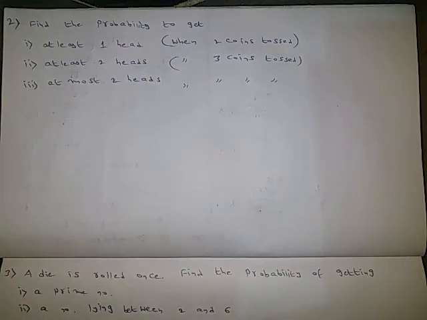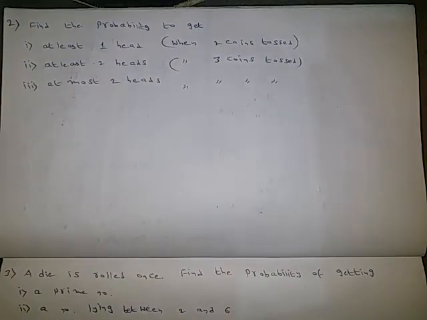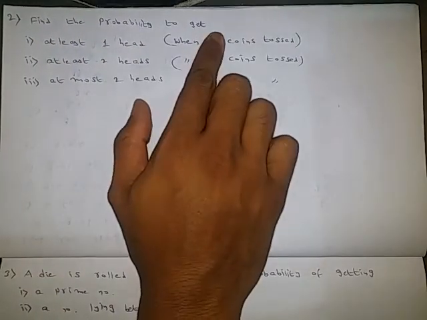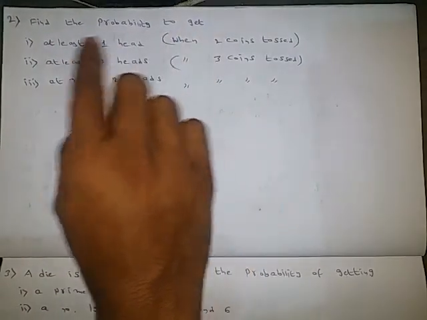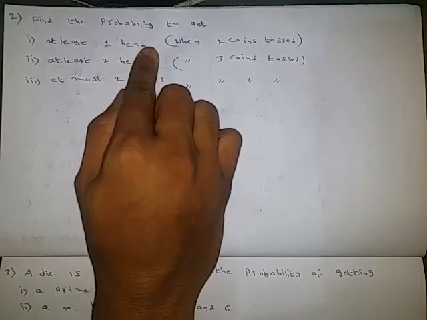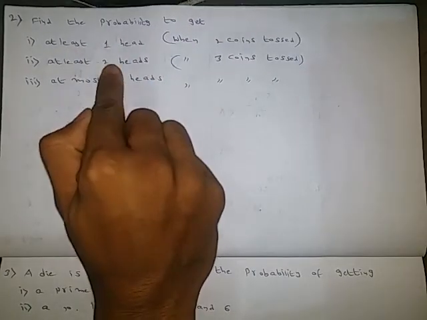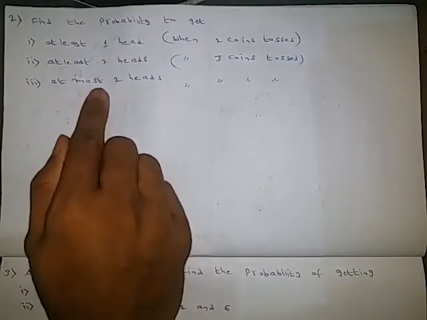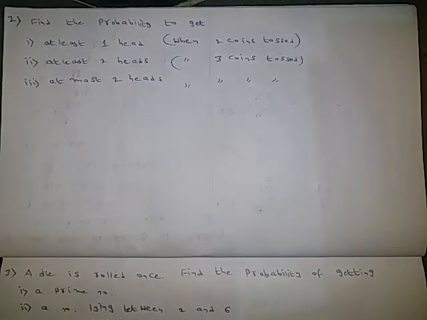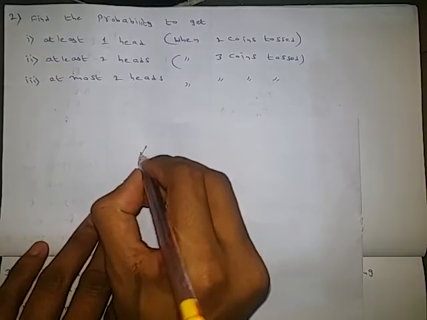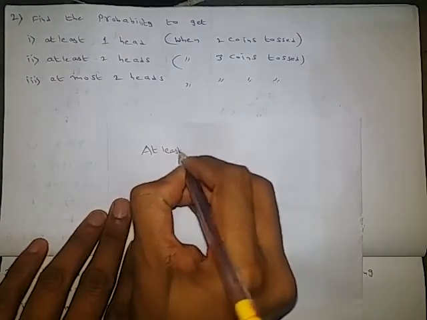Okay, the next question is based on coin tossing. Find the probability to get at least one head, at least two heads, at most two heads. So in this type of coin questions, you need to be very perfect with these two words.